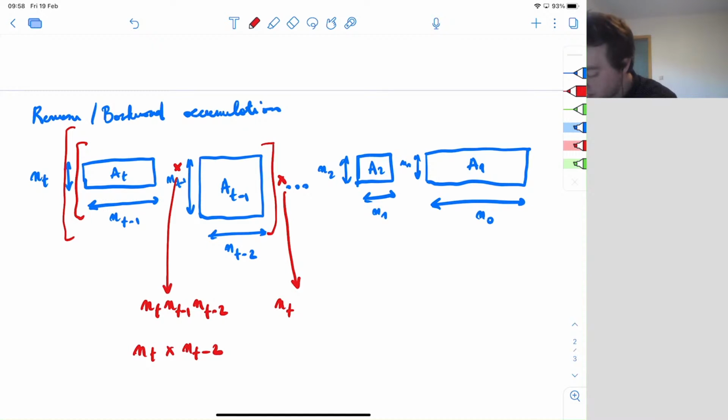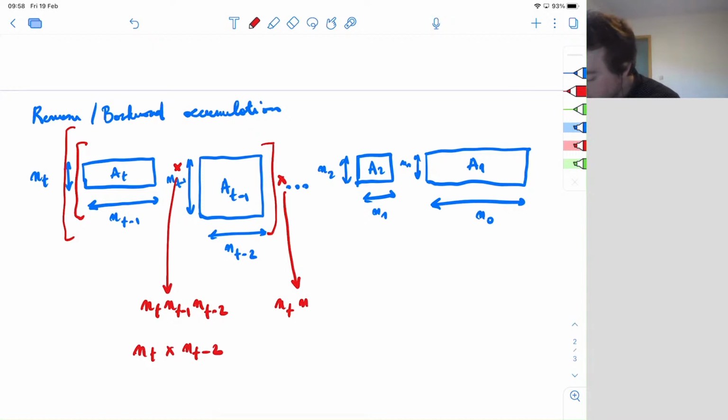nt times nt minus 2 times nt minus 3. Because, again, now the number of rows of these intermediate factors will remain the same and will remain equal to the number of rows that we have in the matrix at the very left.